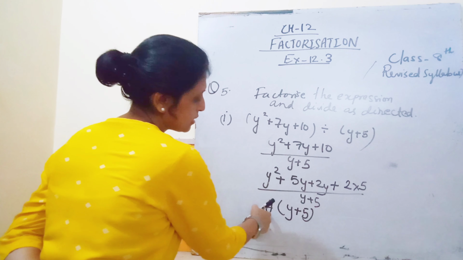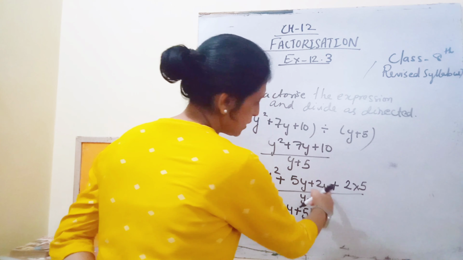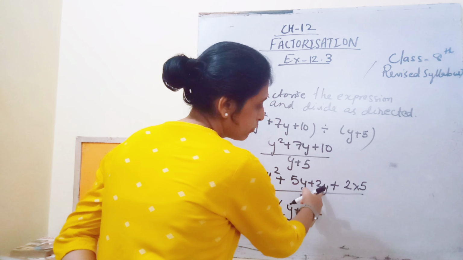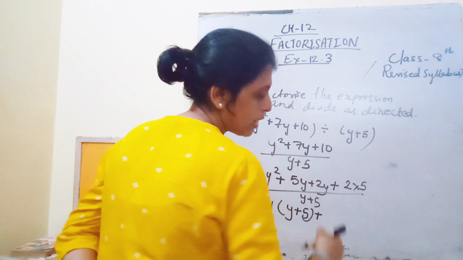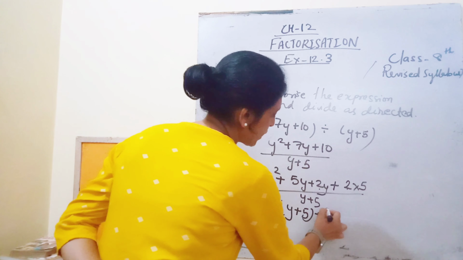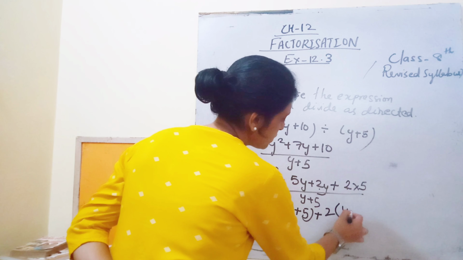Now in the second pair we have 2y in the first term and 2 into 5 in the second term, so 2 is common to both the terms. I can take 2 as common and then we are left with y plus 5.